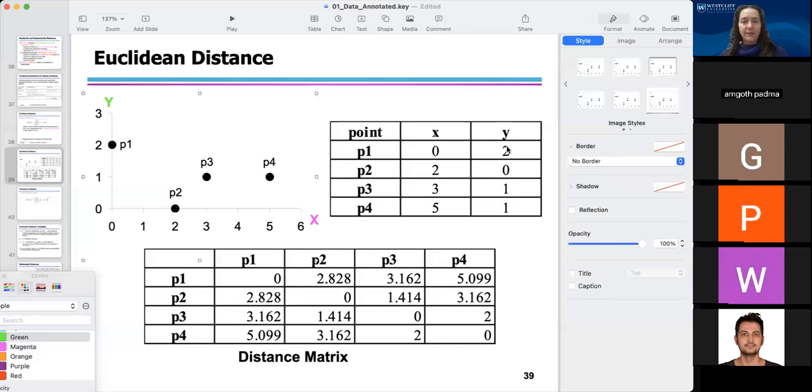But for y, it has 2. 1, 2. So that's why point 1 ends up exactly in this location.